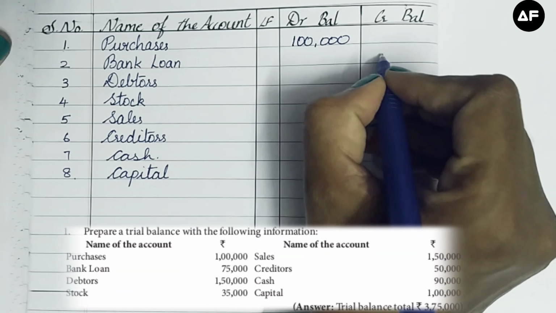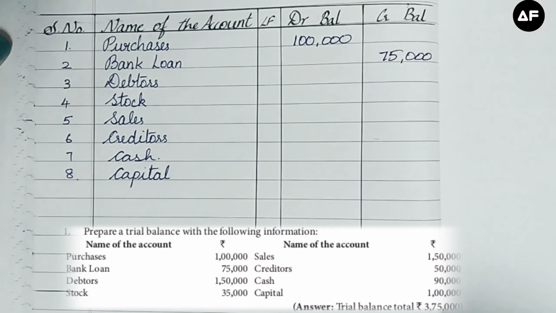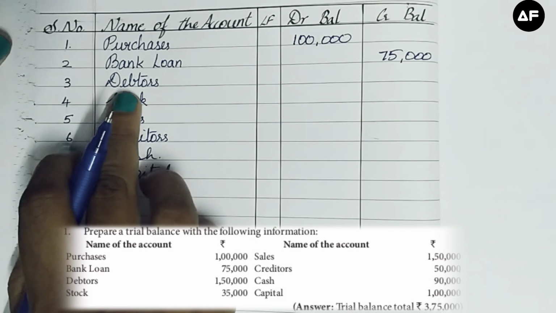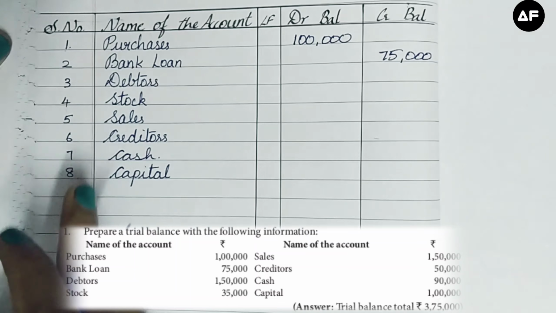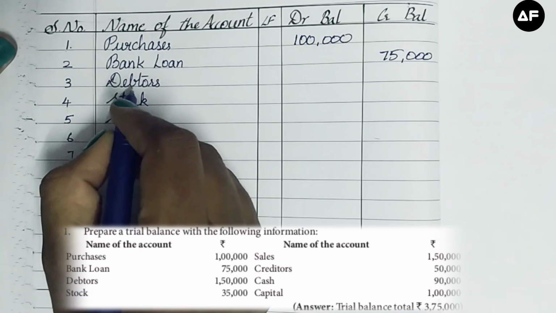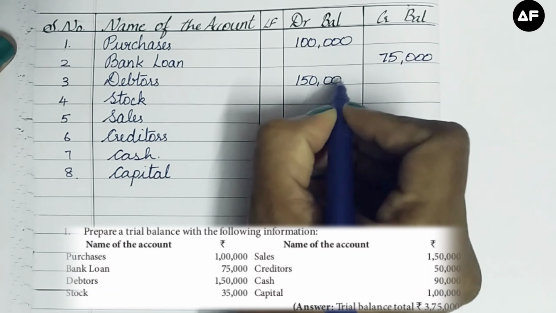Bank loan 75,000 is repayable. We must repay it, therefore it is a liability. Next is debtor. The name itself tells you debtor, debit. From whom we have to receive money is going to be debited. Therefore, debtors 1,50,000 is debited.